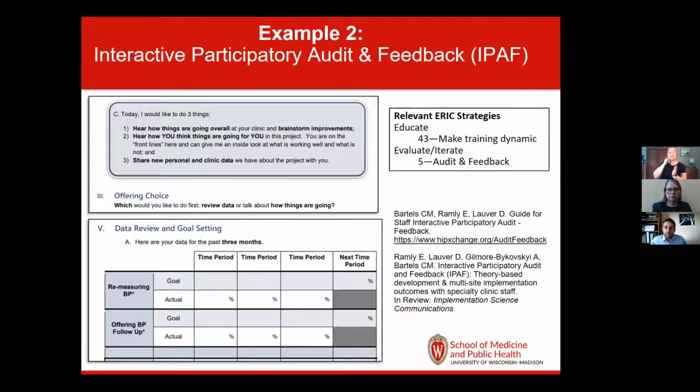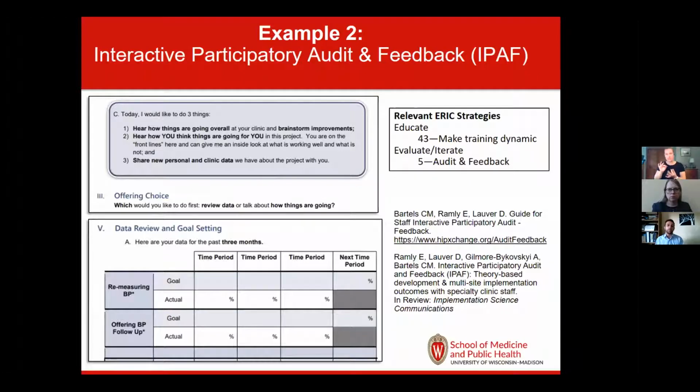So the next example is our audit and feedback strategy. Again, top right, you can see the relevant ERIC strategies, not only the audit and feedback itself, but making the training dynamic. The strategies that we developed included both audit and feedback, as well as a barrier assessment and action planning on a monthly basis.